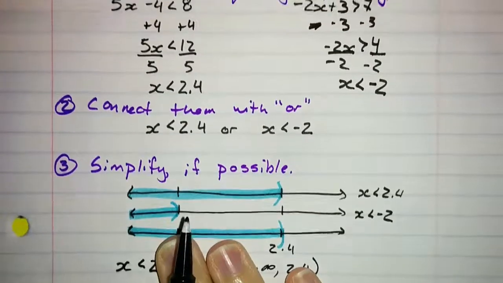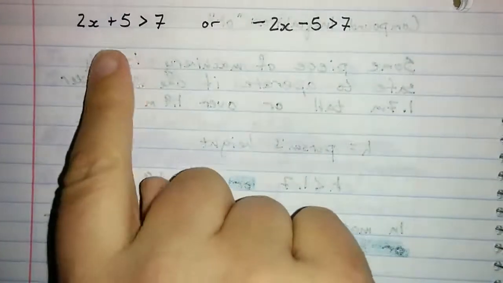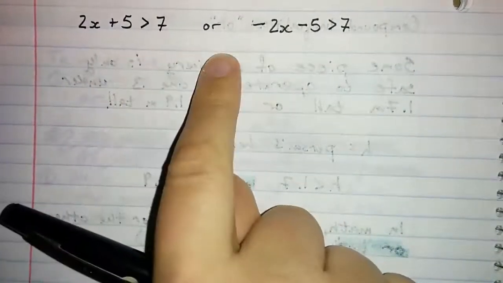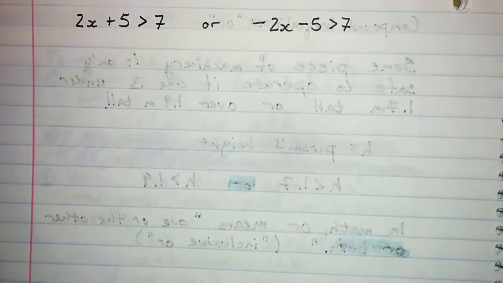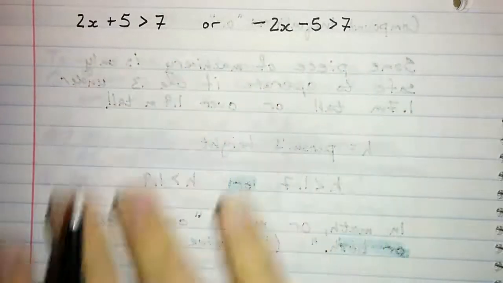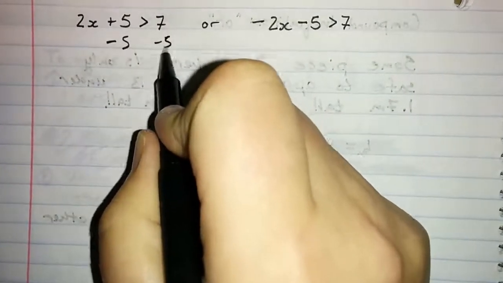Let's see another example. Let's suppose we have the compound inequality 2x plus 5 is greater than 7, or negative 2x minus 5 is greater than 7. Well, first we're going to solve each inequality separately. Subtract 5 on both sides.